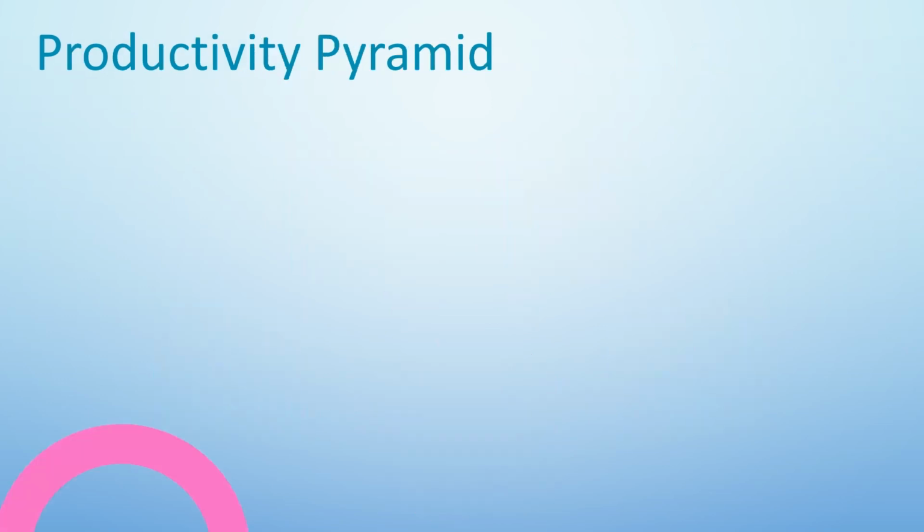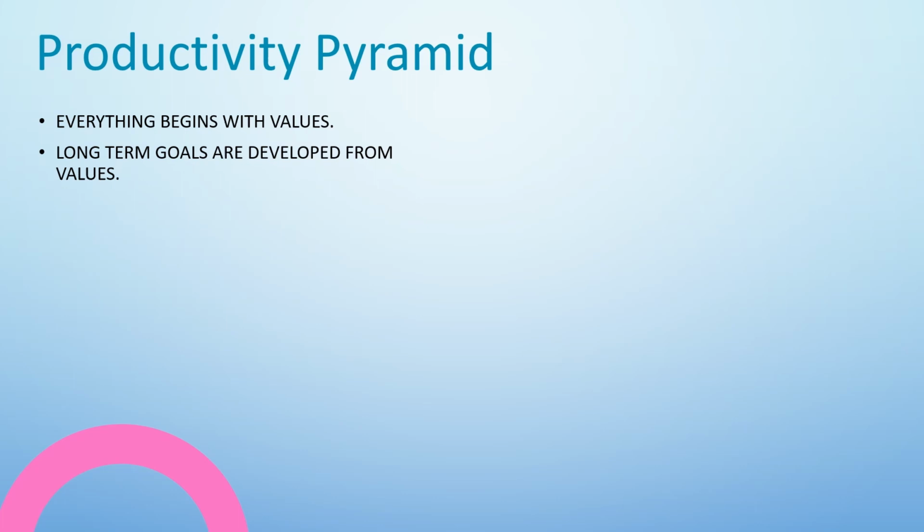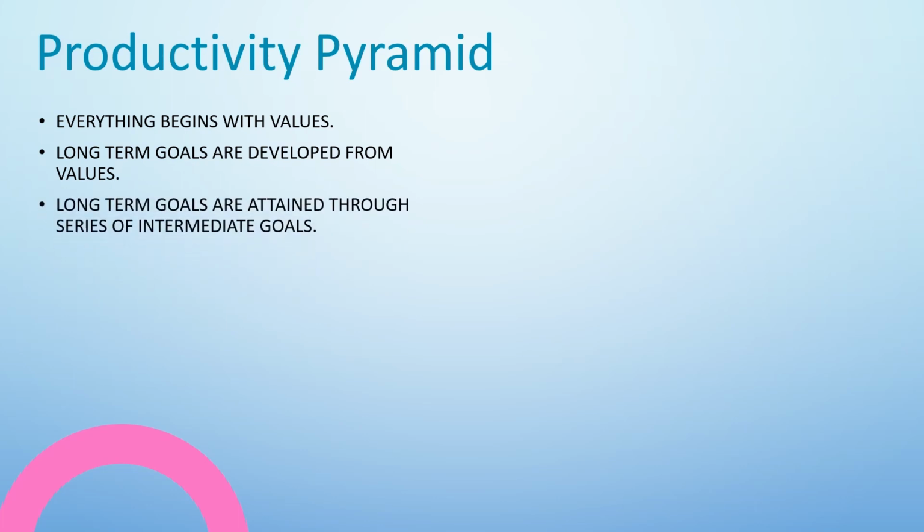Productivity pyramid. This is the essential process in which we create our goals. Everything begins with values. Our governing values and motivations are the basis of what we want to achieve. Next, long-term goals are developed from these values. In order to attain these long-term goals, we have to make a series of intermediate goals.